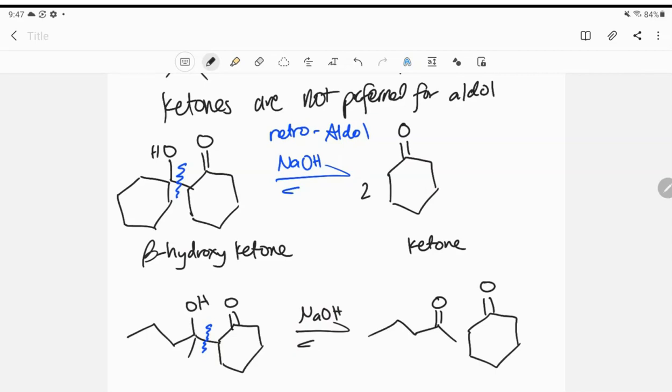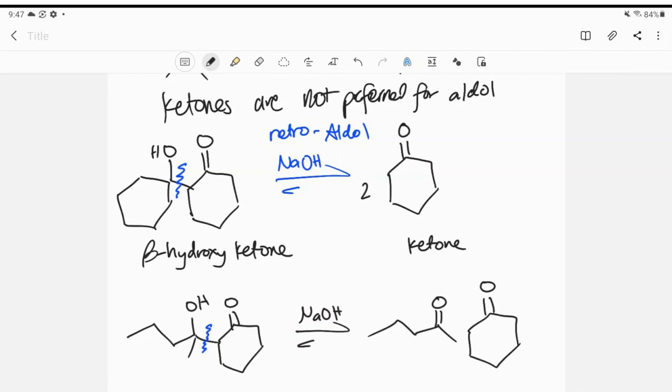Because you're going to end up with a tertiary carbon, since your ketone already has two carbons on it, you're adding an additional carbon-carbon bond. So it has to be a tertiary alcohol. My bad, sorry for drawing that wrong. With this, we end up getting our two products out.